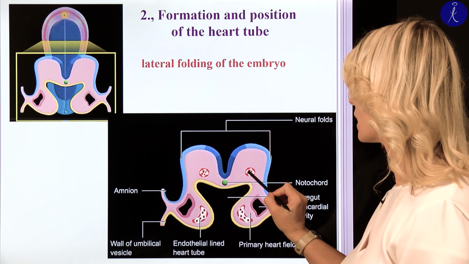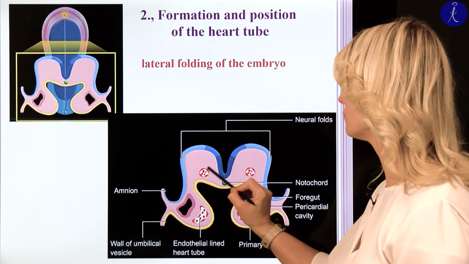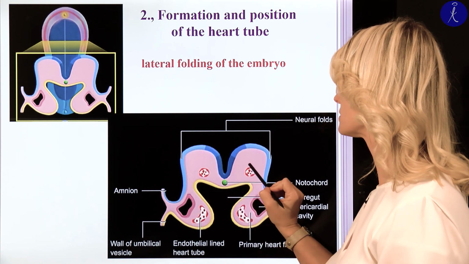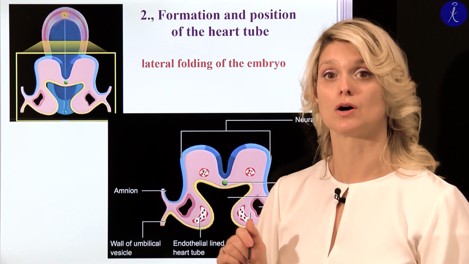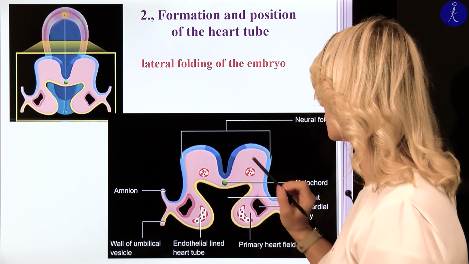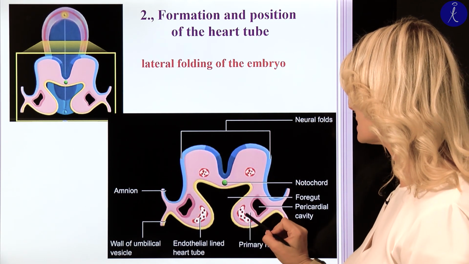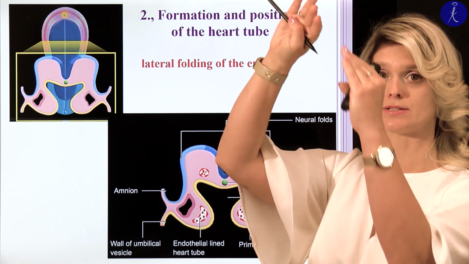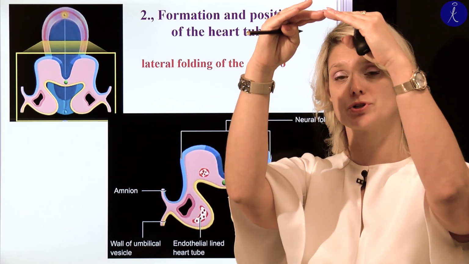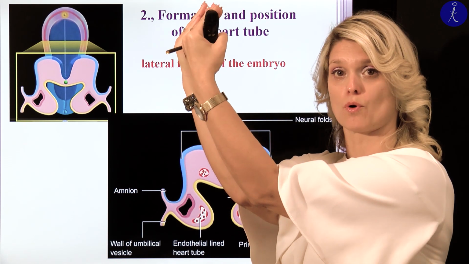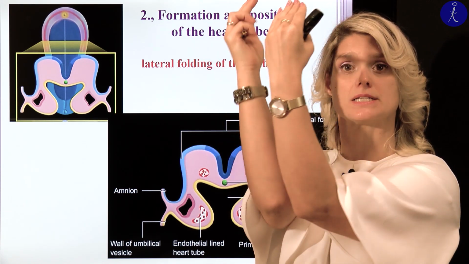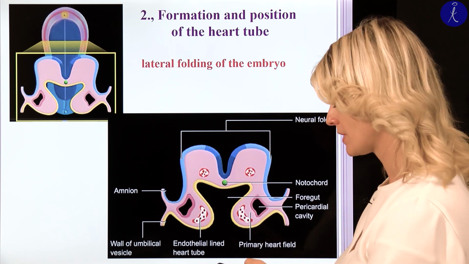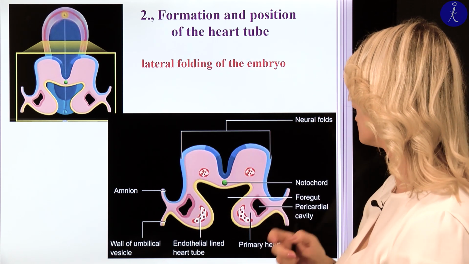On the dorsal part of the embryo, here will develop two vessels. These are the dorsal aorta, paired dorsal aorta. And there you can see the heart tube. First, it has a horseshoe shape, but during the lateral folding, these two parts will fuse and form a tube.